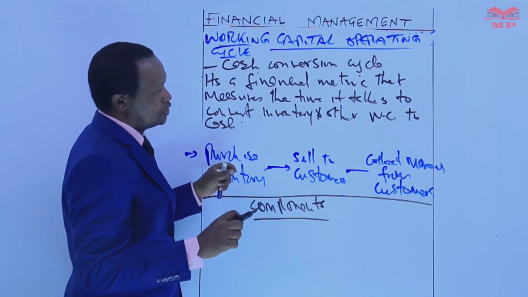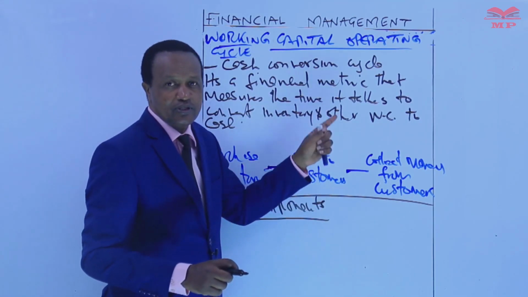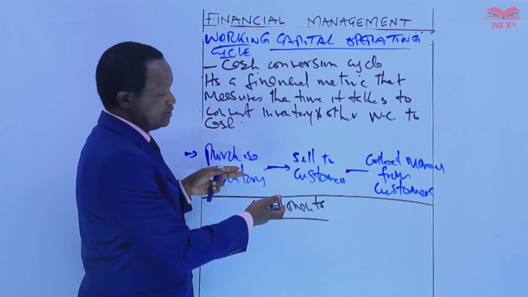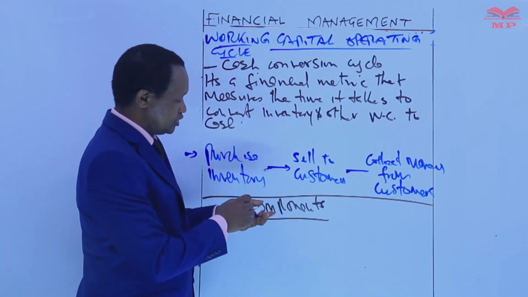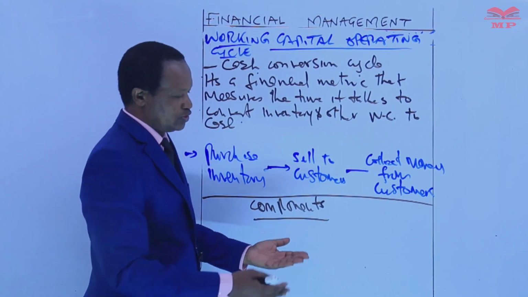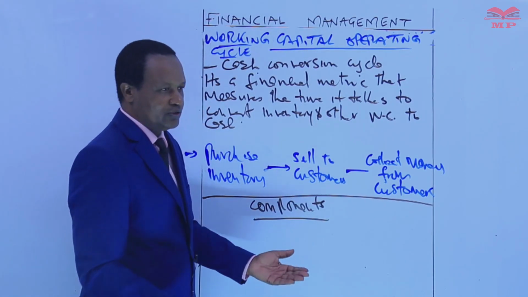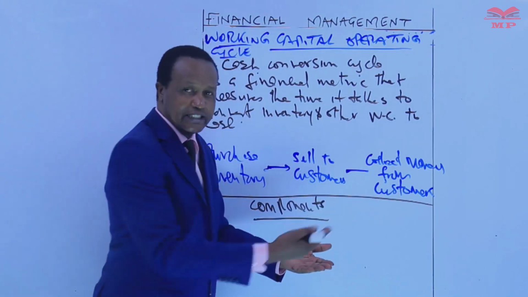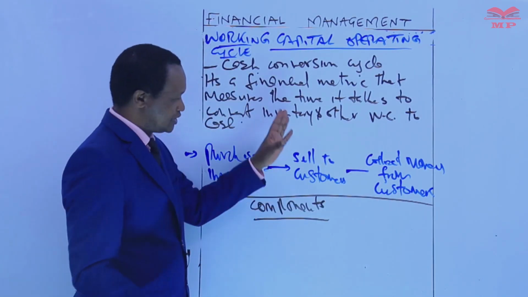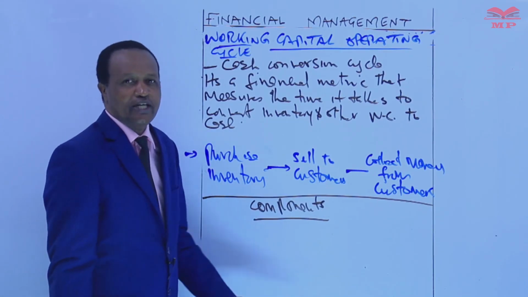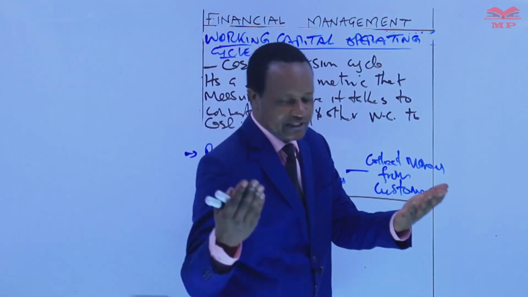Assume that you will not have the time to read what you are writing. I know most students come to these classes to take notes. So you compile notes, and when it's about 1 or 2 weeks before the exam, then you start reading. You can avoid that. You can get the understanding now once and for all of the working capital operating cycle.